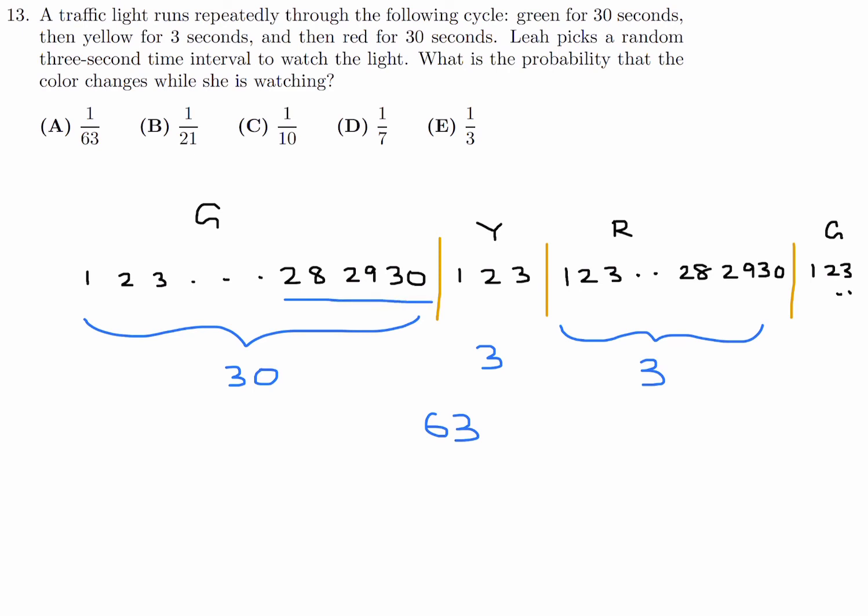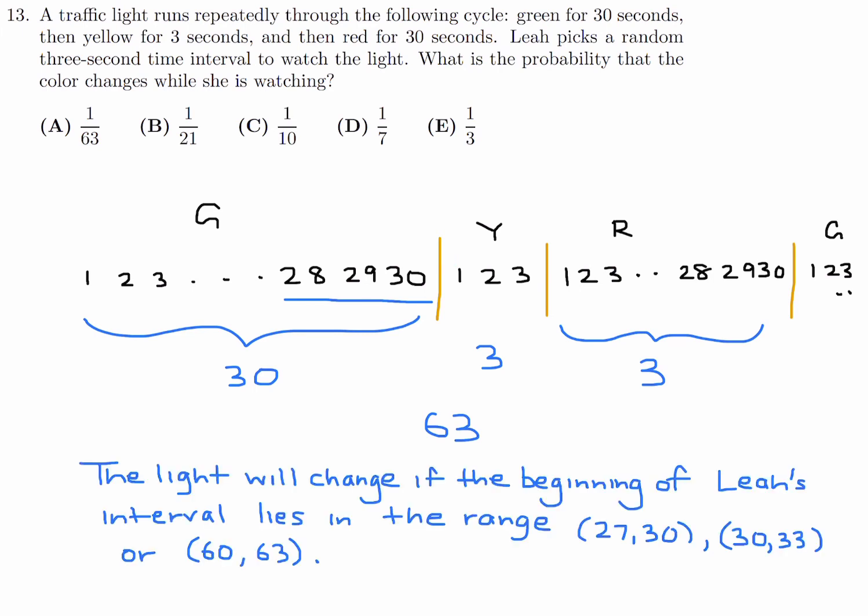If you look at that segment, if her interval starts anywhere in there, she will eventually cross over to a point where it's yellow. And similarly, if you look at the next time the light changes from yellow to red, that's going to be from 30 seconds until 33 seconds.